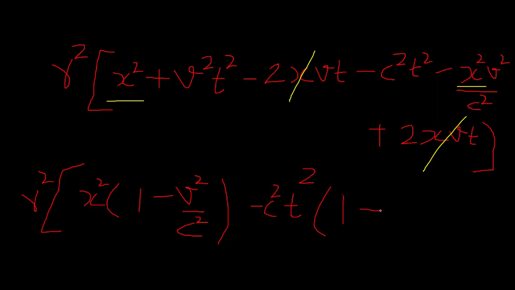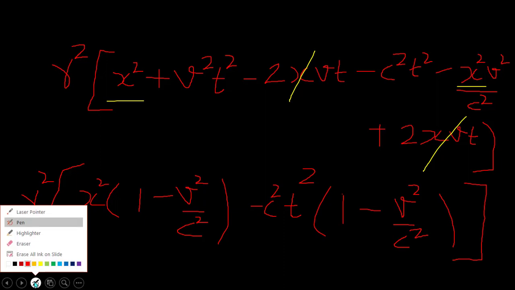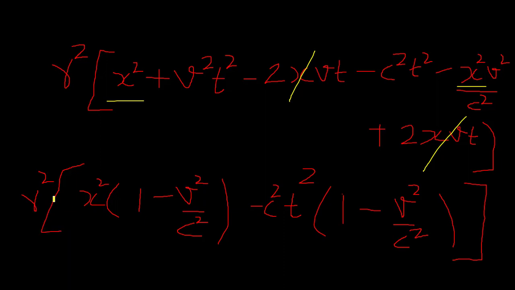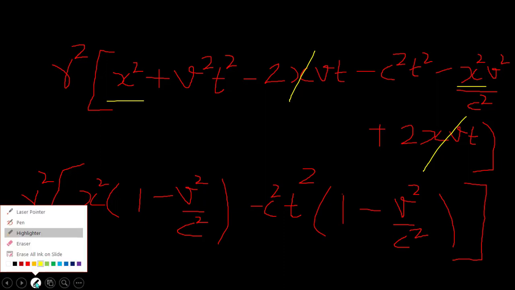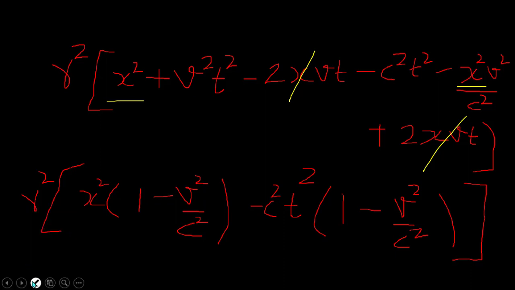So as we know, gamma is 1 upon the square root of 1 minus v square over c square, and gamma square will be 1 upon (1 minus v square over c square). So gamma square will be cancelled out by the term 1 minus v square over c square, and we will be left with x square minus c square t square.